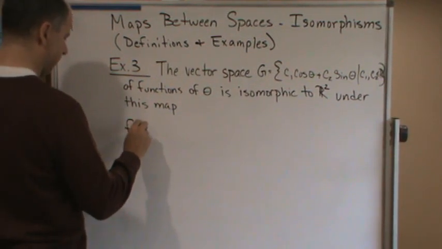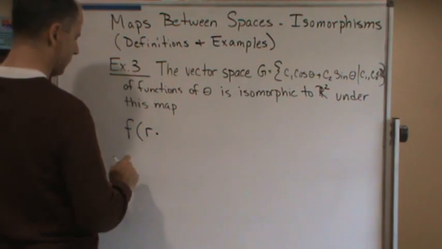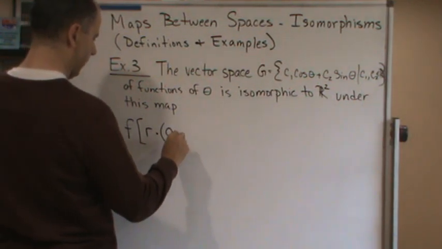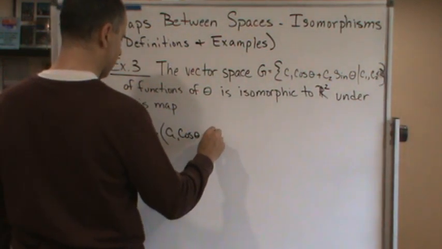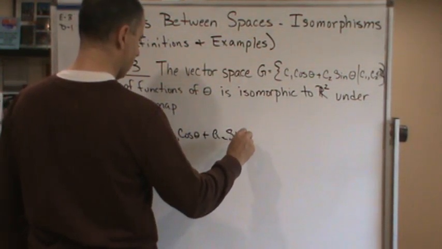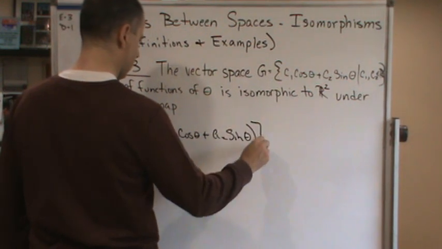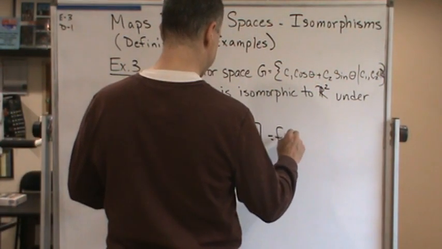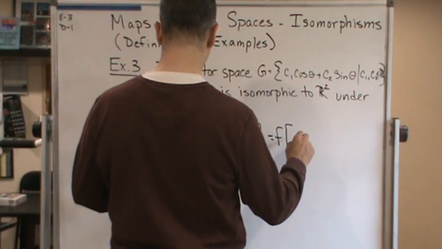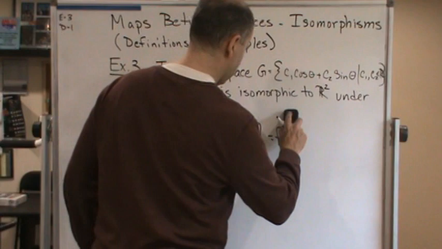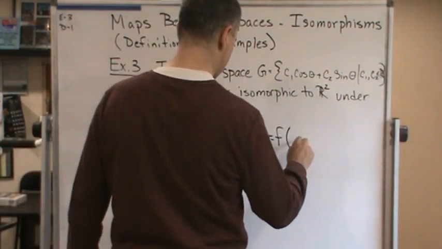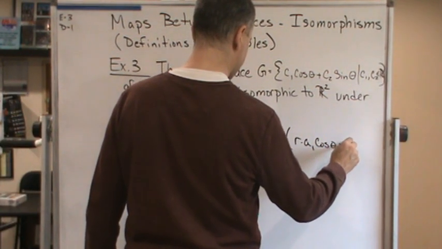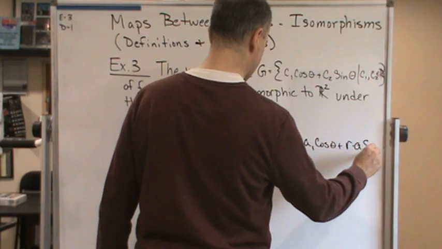Let's take f of r times A1 cosine theta plus A2 sine theta, which is equal to the function of r times A1 cosine theta plus r times A2 sine theta.